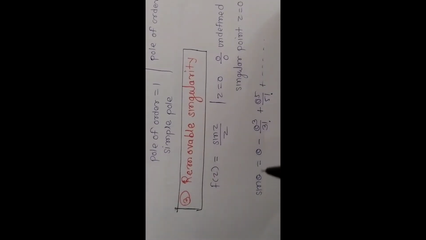So what is sin theta? Sin theta is equal to theta minus theta cube by 3 factorial plus theta raised to 5 by 5 factorial and so on. So here f of z is equal to sin z by z, so it is 1 upon z; take this 1 by z outside.